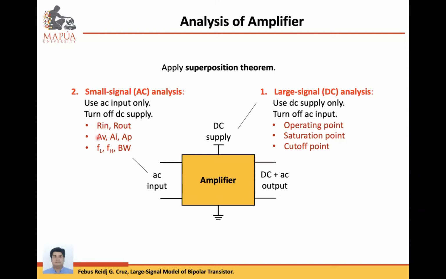We can also calculate the amplifications: the voltage gain, current gain, and power gain. And we can determine the frequency response: the lower cutoff frequency, higher cutoff frequency, and the bandwidth or frequency range of our amplifier.